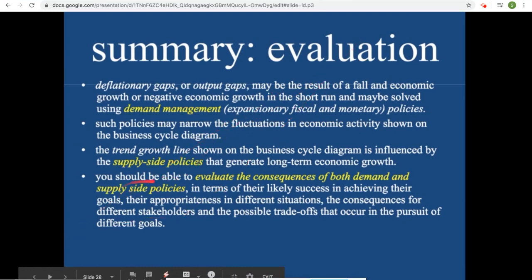And you should be able to evaluate the consequences of both demand and supply side policies in terms of their likely success in achieving their goals, their appropriateness in different situations, the consequences for different stakeholders, and the possible trade offs that occur in the pursuit of different goals. So, these are the four areas where you can evaluate the consequences of both demand and supply side policies. Let me know if you need any more help with that. Maybe I can make a separate video just to explain those.